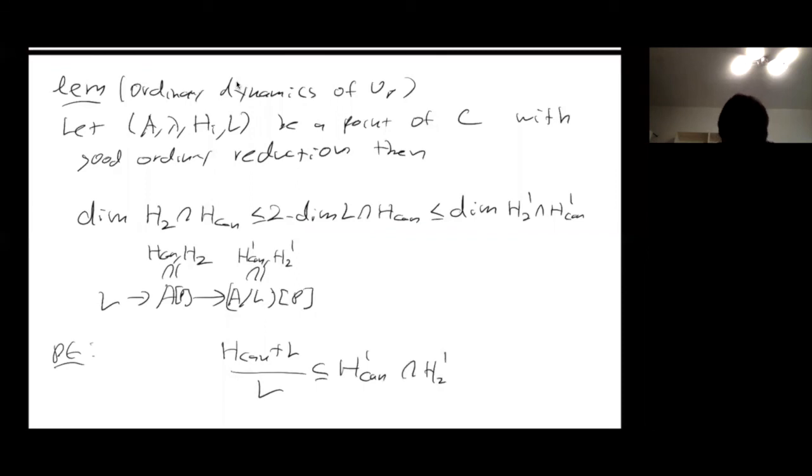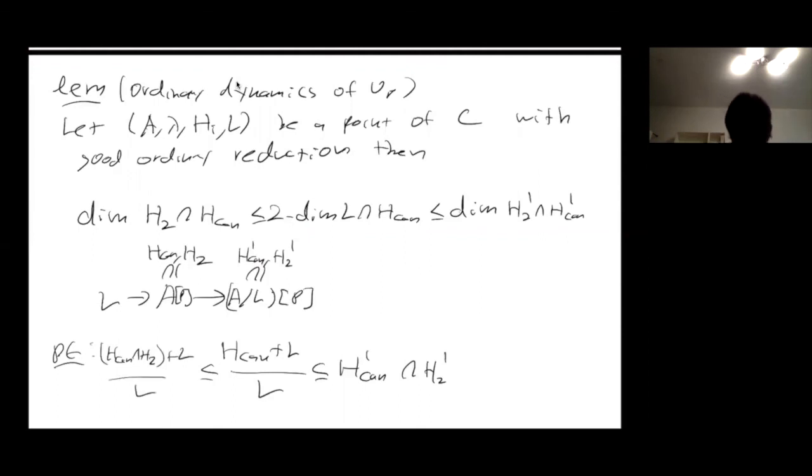It's in H can prime because H can maps to H can prime. There might be a kernel. It's not necessarily surjective, but it does map to it. And it's in H2 because H2 is the image of this map. That was the definition of this new Iwahori level structure. The middle guy is just the image of this map. So it's in their intersection. And on the other hand, something that's obviously inside this is the intersection of H can with H2 plus L mod L.